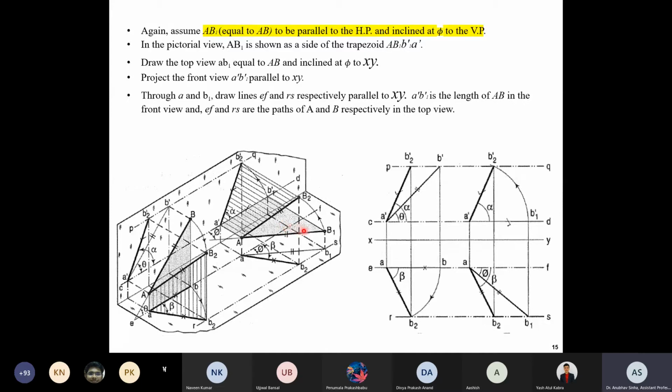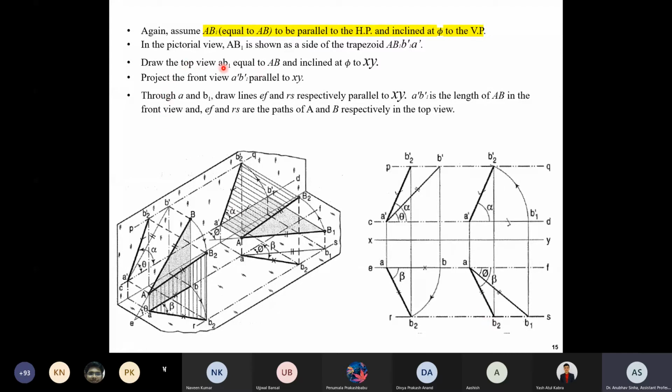Now I am moving this trapezoid in this fashion. I am fixing it at A, and I am using it as an axis. I am rotating B to go to B2. So this line-hatched region is the new location of the trapezoid. Okay, so similarly, you have to make the projection in horizontal and vertical planes.